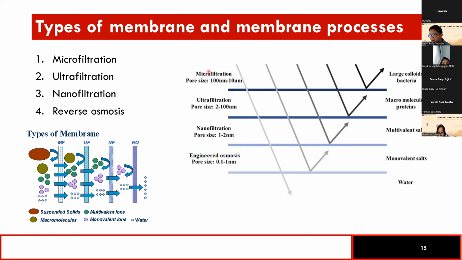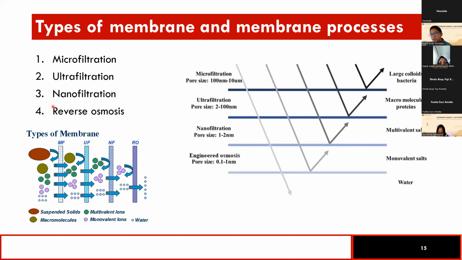So using microfiltration processes, this can remove the larger size particles. Let's make this a little bit smaller. And we proceed to ultrafiltration, which has a pore size of 2 to 100 nanometers. This ultrafiltration process can remove macromolecules and proteins.